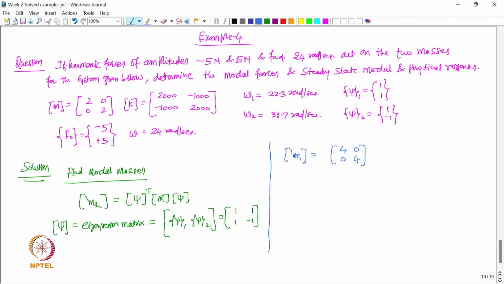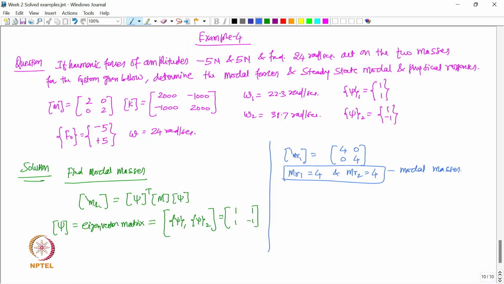So, we get this result. Therefore, these diagonal entries are nothing but the modal masses. So, MR1 is 4 and MR2 is also 4. These are the modal masses for the two modes. MR1 is the modal mass for mode 1 and MR2 is the modal mass for mode 2.